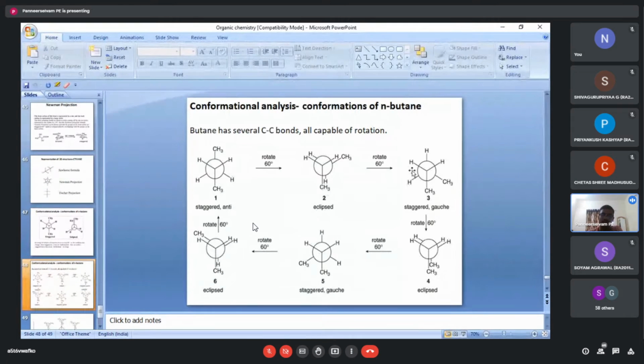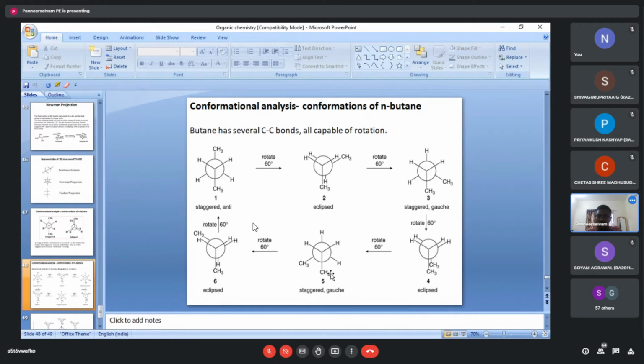Further 60 degrees, the methyl comes and it is again staggered, the gauche conformation. Further 60 degrees, the methyl goes to this side, identical, and the methyl comes overlapping, eclipsed.